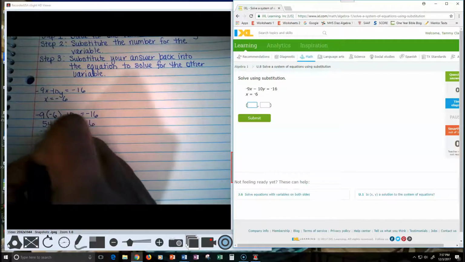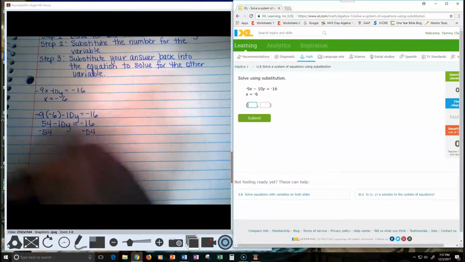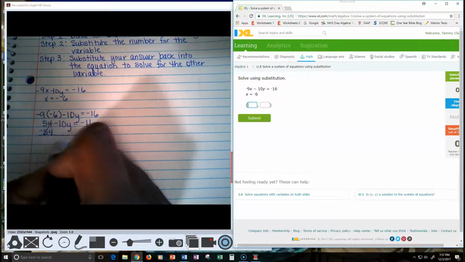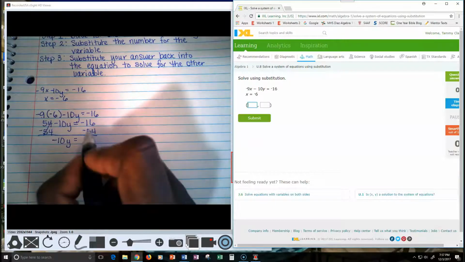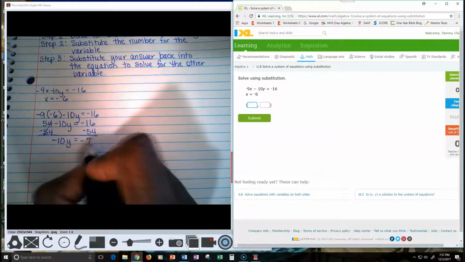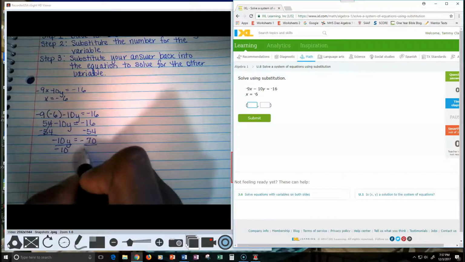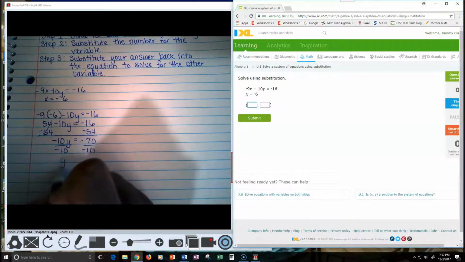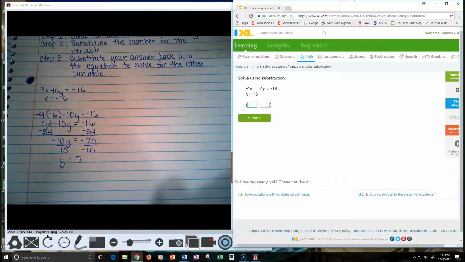So I'm going to subtract 54 from both sides of the equation, and I have negative 10y is equal to negative 70, looks like. Divide by negative 10 on both sides of the equation. Y, therefore, is 7.